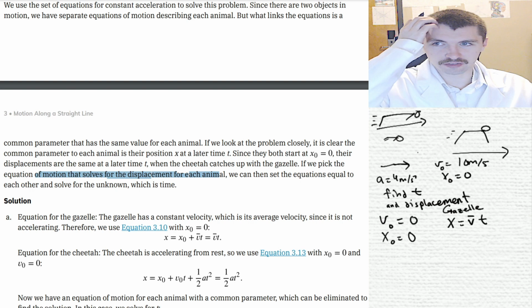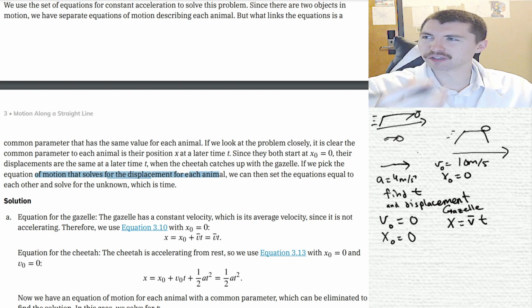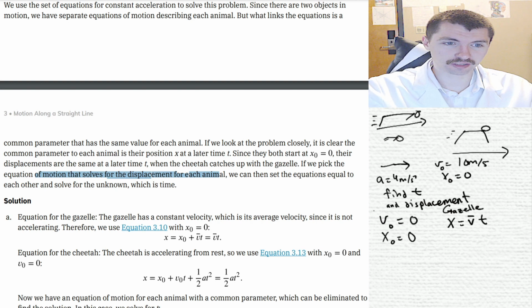Constant velocity is average velocity. I mean that makes sense, since it's not accelerating. So the gazelle is this.